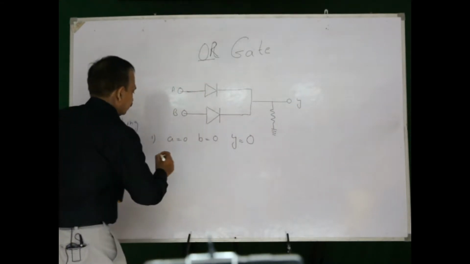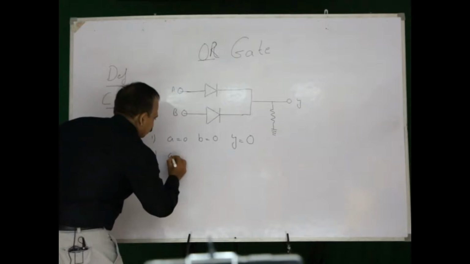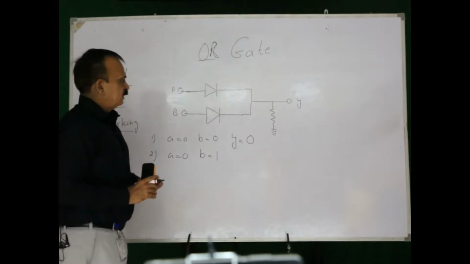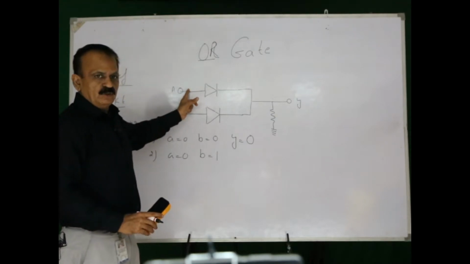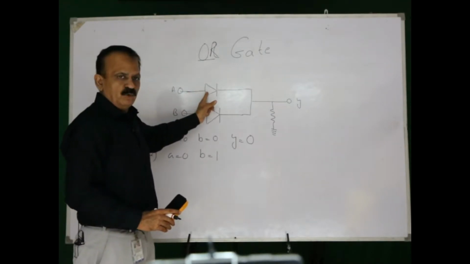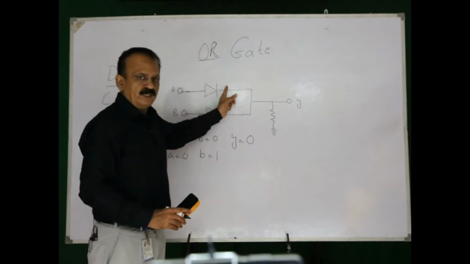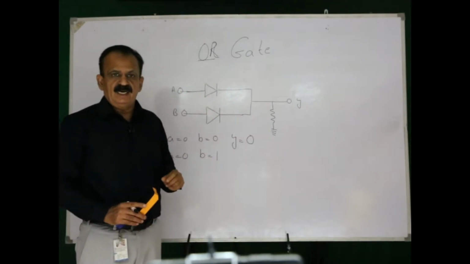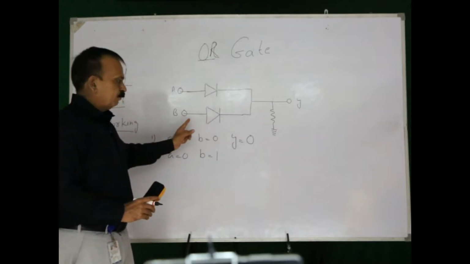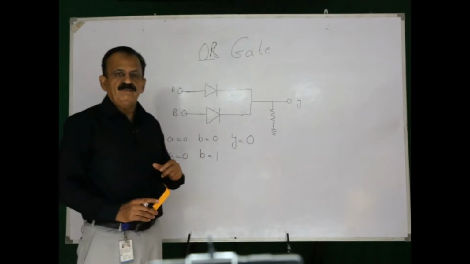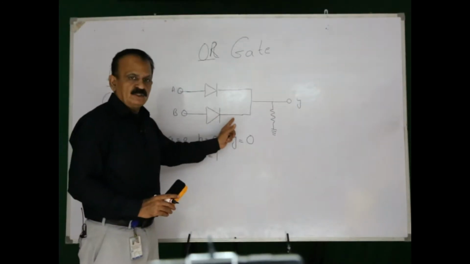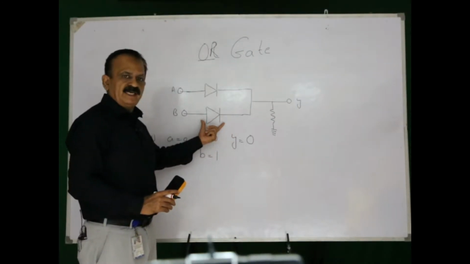The next one is A is equal to 0 and B is equal to 1. Since A is equal to 0, this P part is at low voltage, this is also at low voltage, so there will be no current flow through this upper diode. But B is equal to 1, and 1 means high voltage. So B is equal to 1, this part is low, this diode will be conducting.